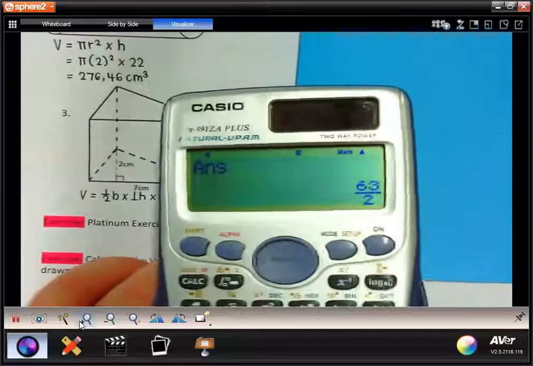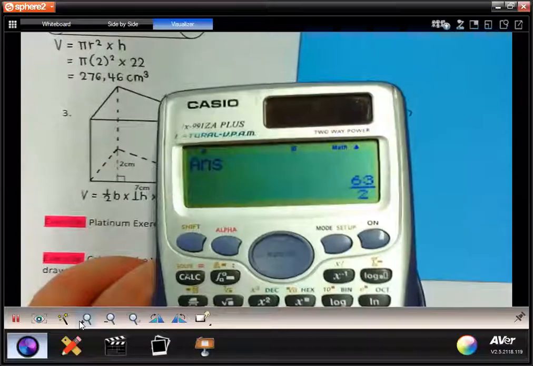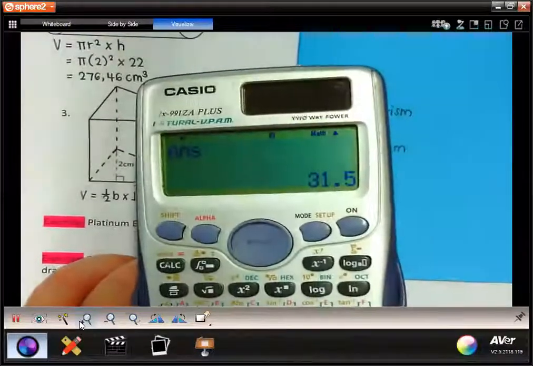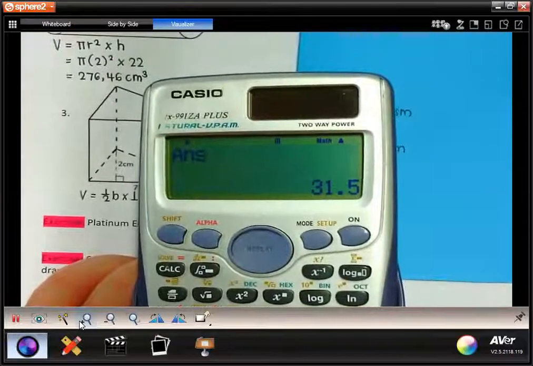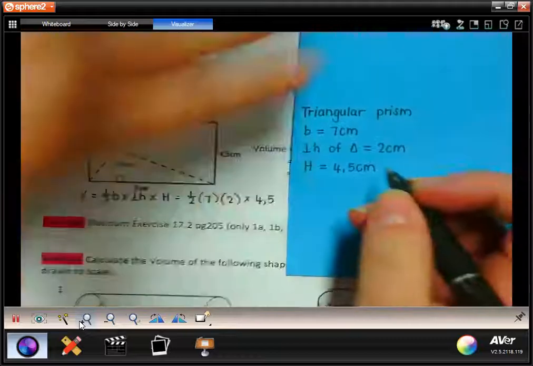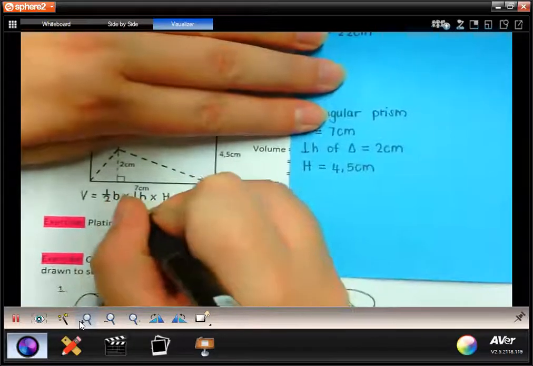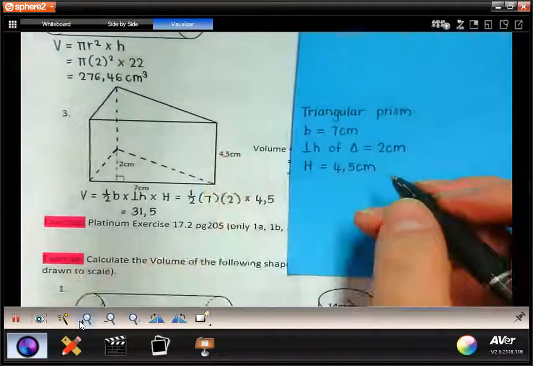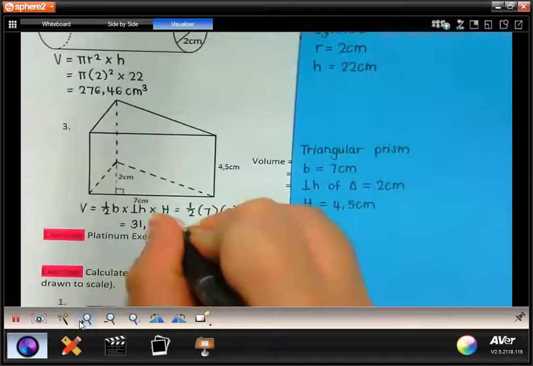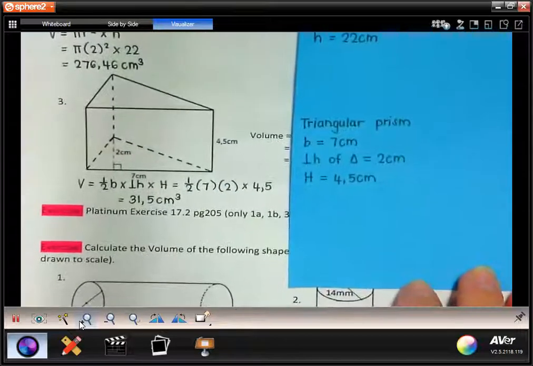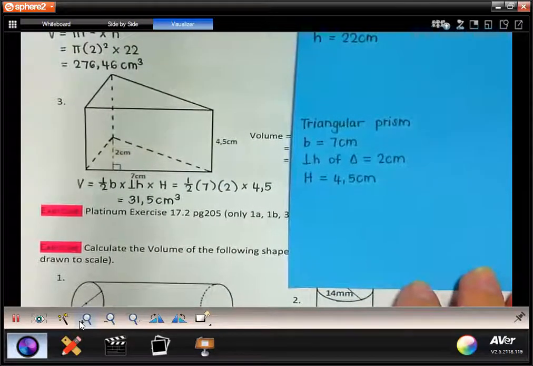Okay, we're not going to write the fraction down. Again, that's not very understandable in terms of measurement. So we press SD and that will give it to us in decimal form, 31.5. Did you guys get that as well? Yeah. Okay, so just going to write it here underneath, 31.5. And what was this? Centimeters. So it's going to be centimeters cubed.